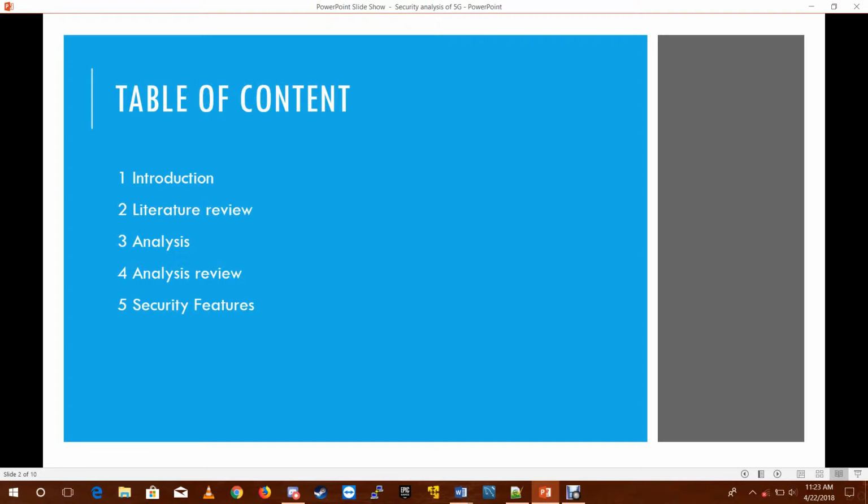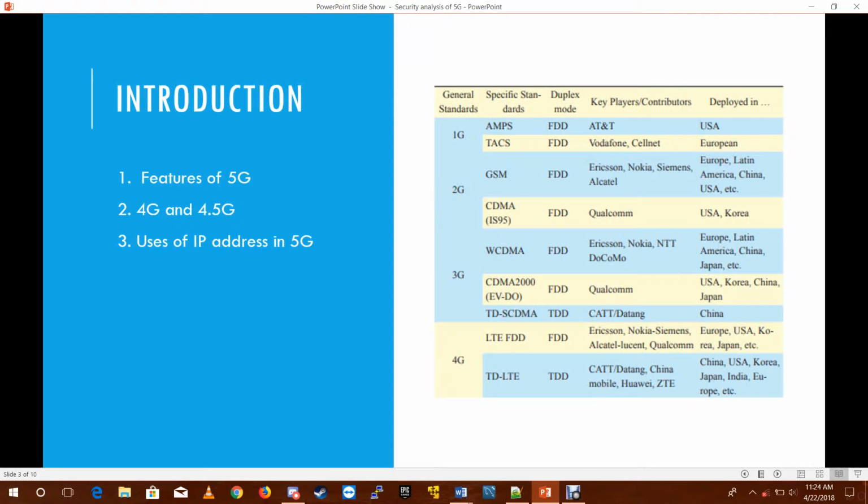The analysis is between those cellular networks, and the analysis review is all about 5G and its components that will affect the part where it is improved. And also there are security features of cellular networks.